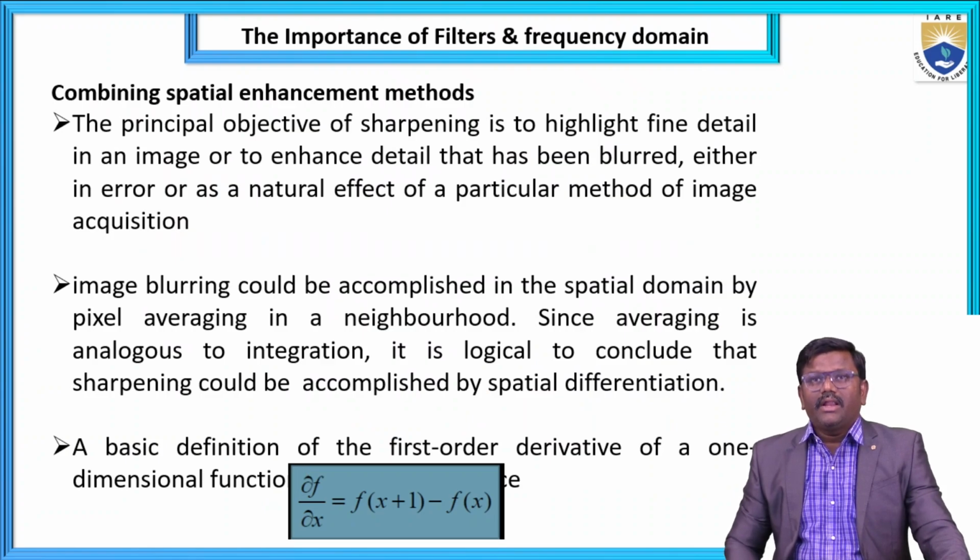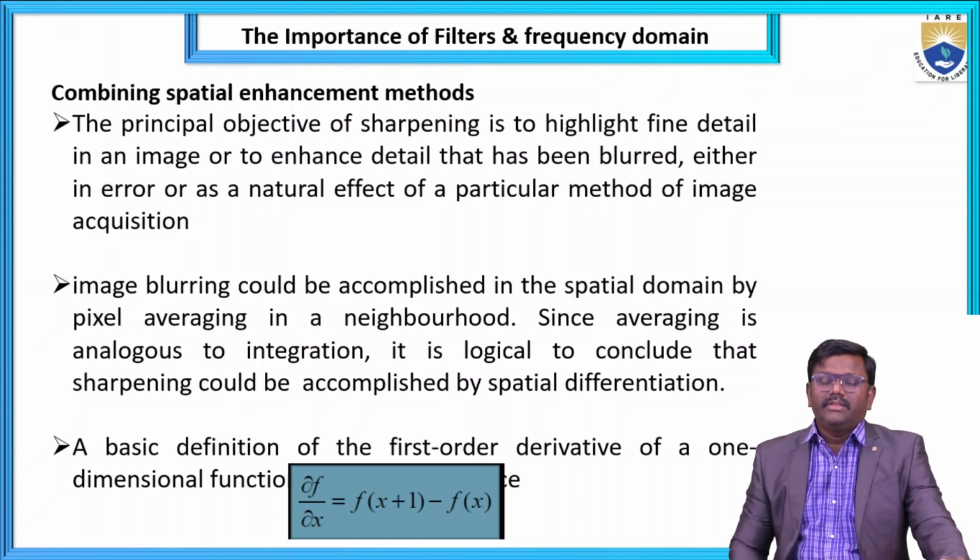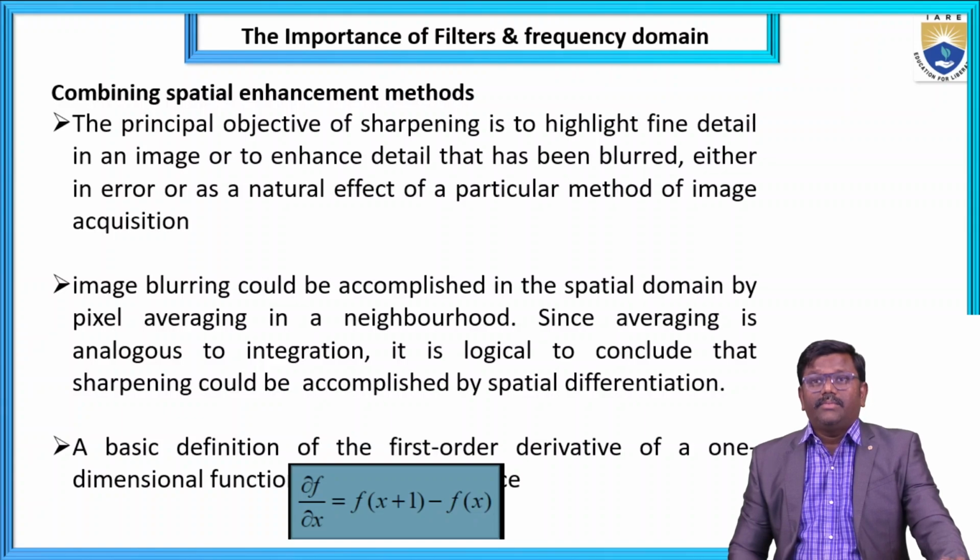Another important point is that the principal objective of sharpening is to highlight fine detail in an image, or to enhance detail that has been blurred, either in error or as a natural effect of a particular method of image acquisition. Image blurring can be accomplished in the spatial domain by pixel averaging in a neighborhood.